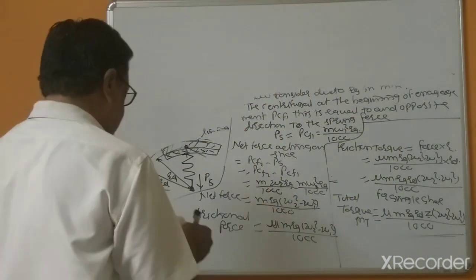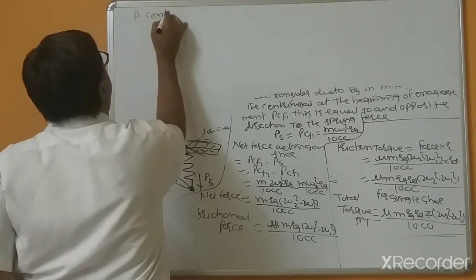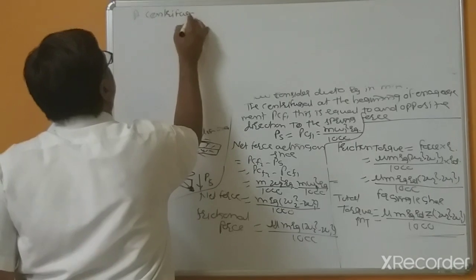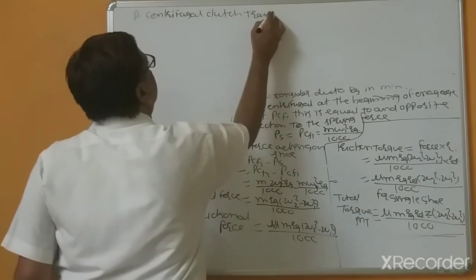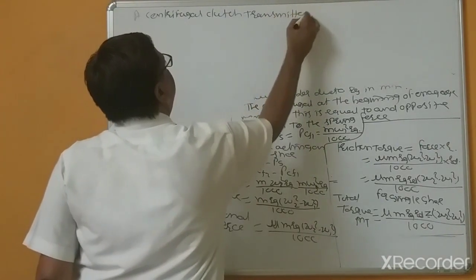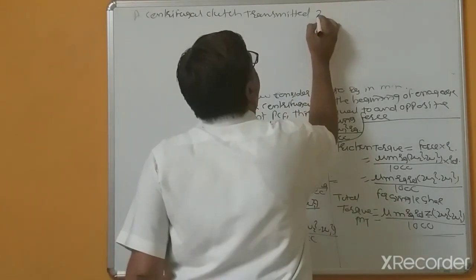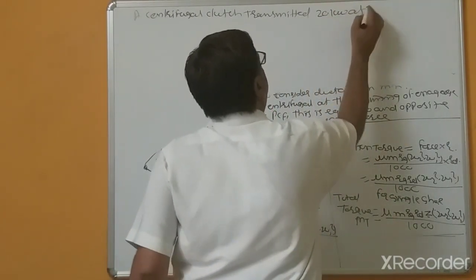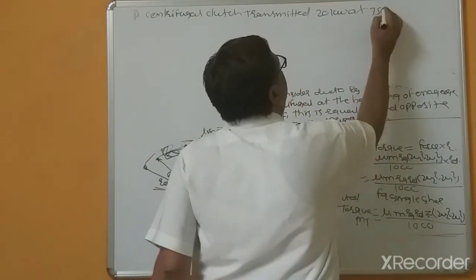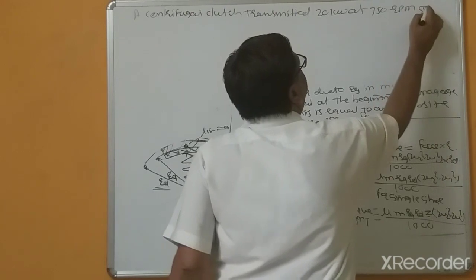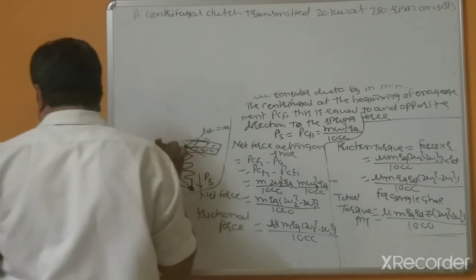A centrifugal clutch transmits 20 kilowatt at 750 rpm and consists of 4 shoes.